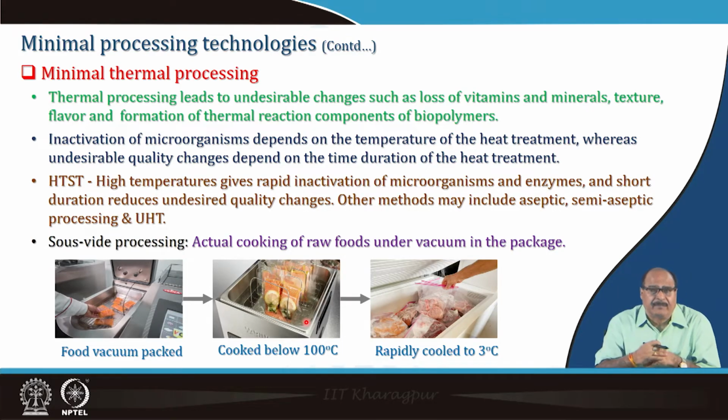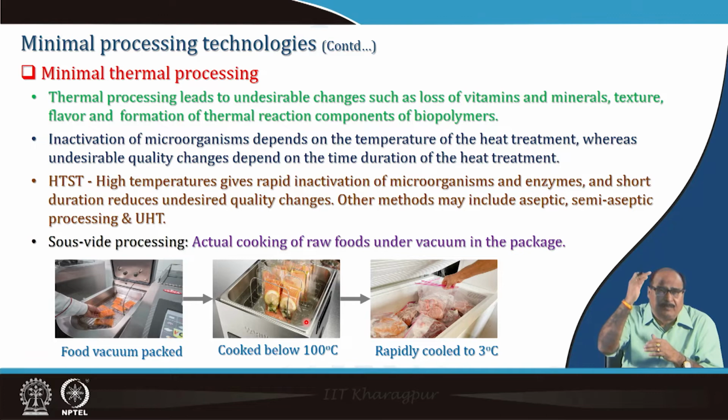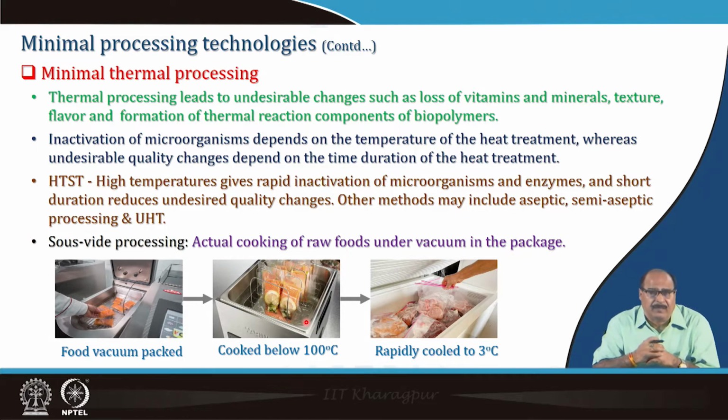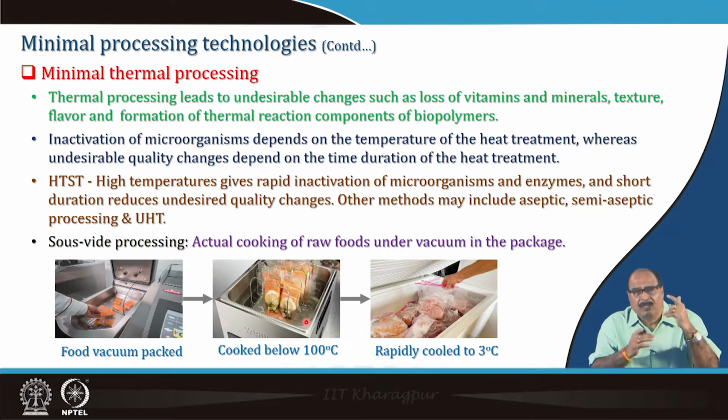So, at a very high temperature, that is 150, 160 degrees Celsius or above, the rate of bacterial inactivation is very fast, but the nutrient destruction is comparatively low. In the earlier classes, we saw the comparison of the Z value of microorganisms and the Z value of nutrients and vitamins, etc. At the higher temperature side, the Z value for the microorganism is less, whereas the Z value for the nutrients, vitamins, etc., is high.